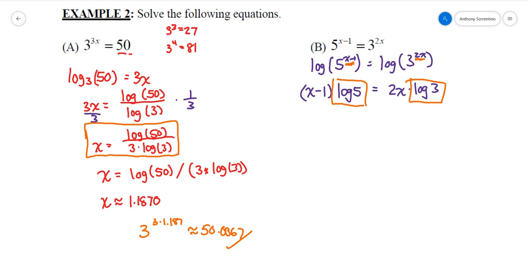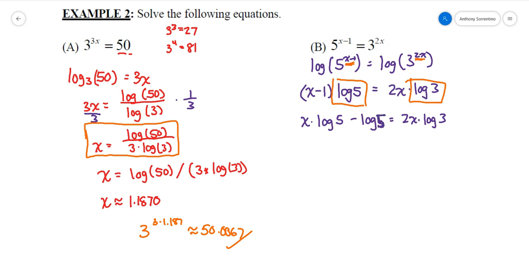If I treat these as numbers, then I'm going to have x times the log of 5 minus the log of 5 equaling, well, this one doesn't have much to do with this, 2x times the log of 3. I want to get all my x's on one side, and anything that doesn't have an x attached to it on the other side. This is log of 5, not log base 5.